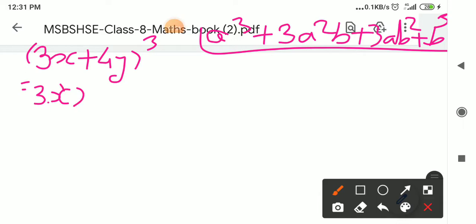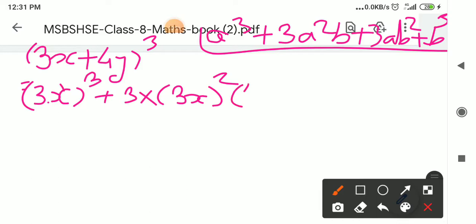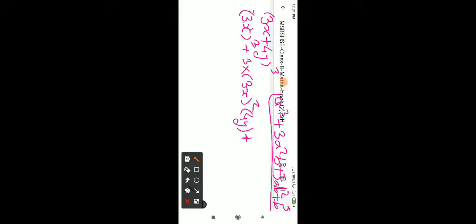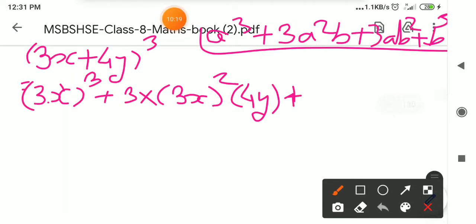(3x) bracket cube plus 3 into a square, the first term square, (3x) bracket square, and b means 4y. Plus again 3a square b.